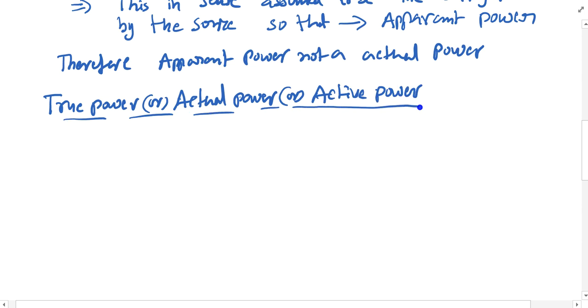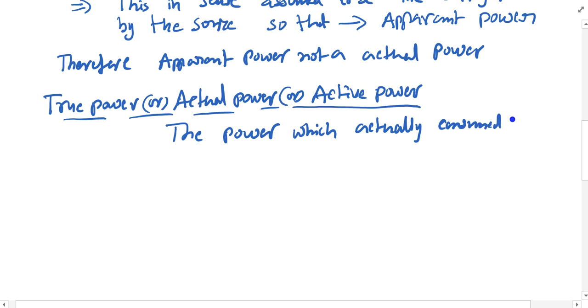The power which is actually consumed by the circuit is called active power, true power or actual power, you can say here.